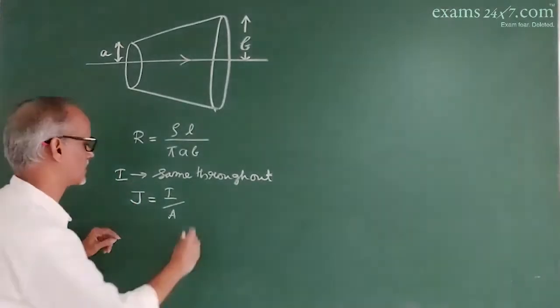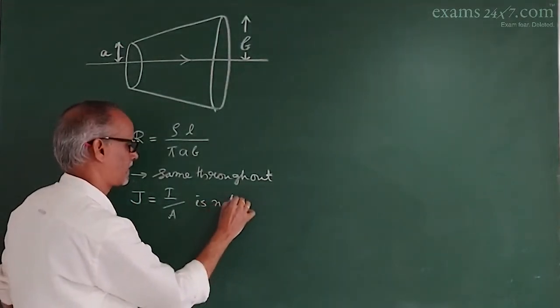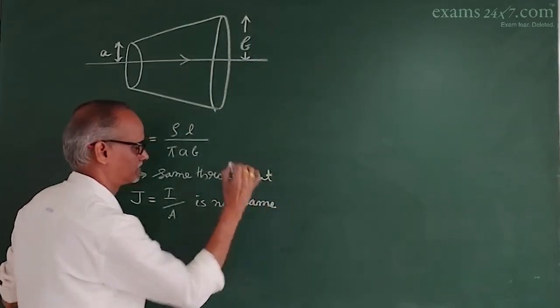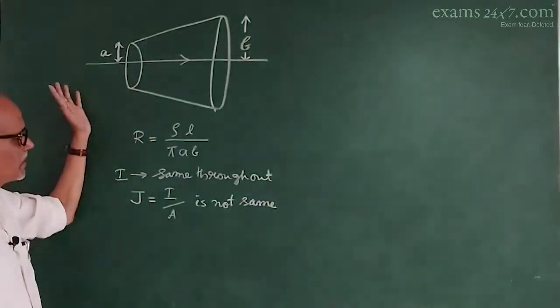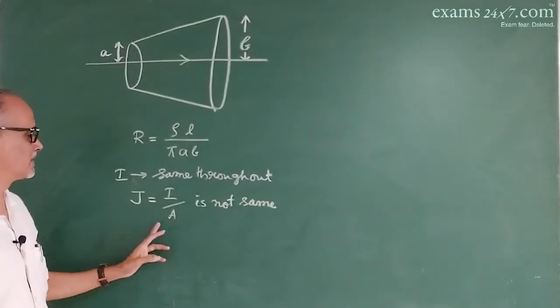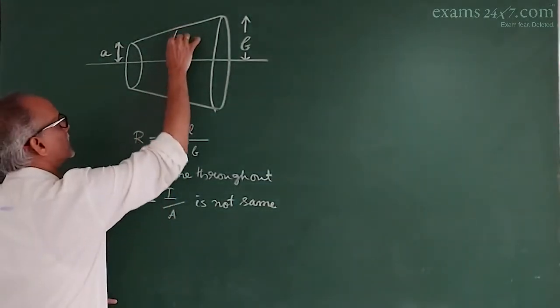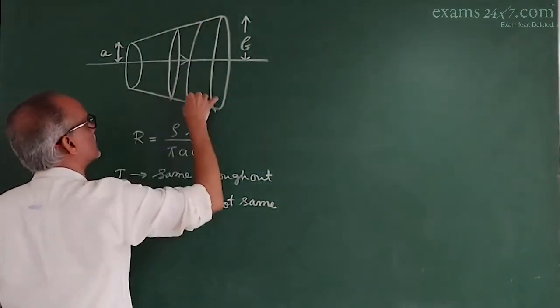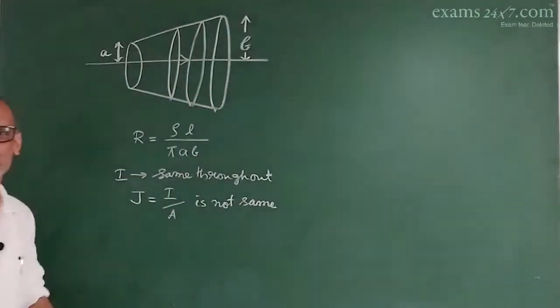So current is the same but not the current density. Current density varies because the area of cross section varies at each and every point.